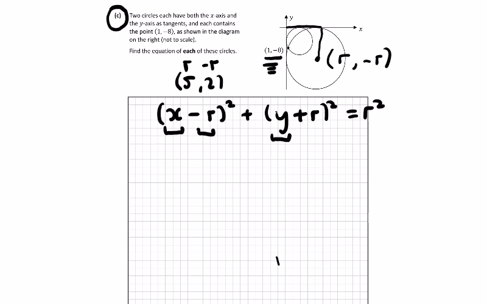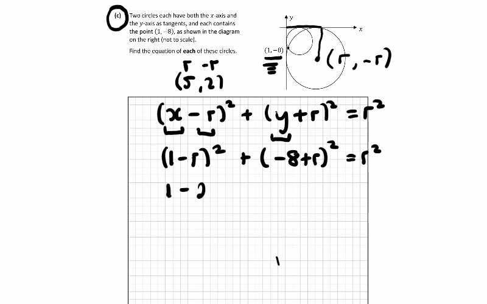So we're going to end up with an equation in r squared. There will be two solutions, which will be the two radiuses. So we're going to get x is 1, so 1 minus r squared, plus, excuse me, y is minus 8, plus r squared, is equal to r squared.